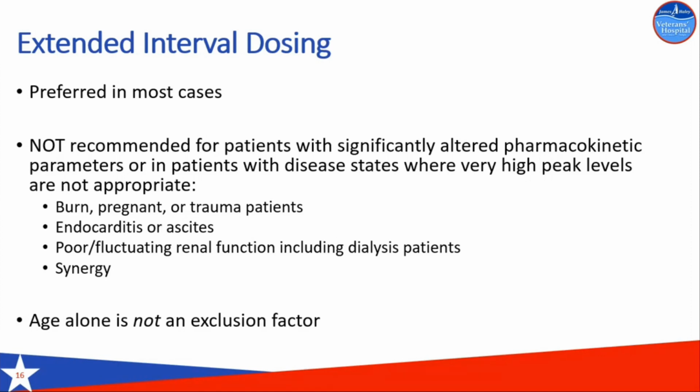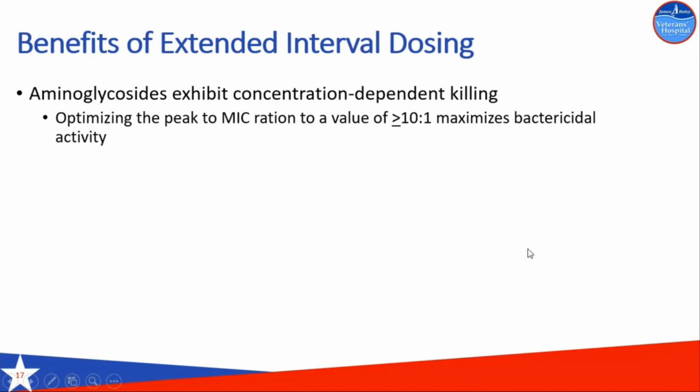If you do have someone who is elderly, which our patients at the VA tend to be, you can use smaller doses. But just keep in mind that you can't really get follow-up levels because there's no nomogram based on that smaller dose.